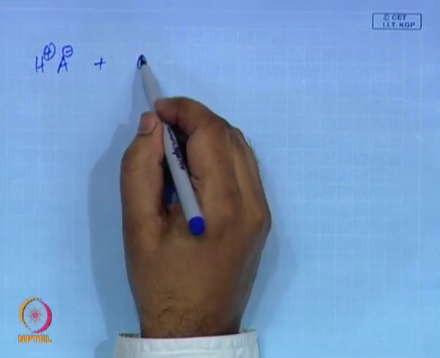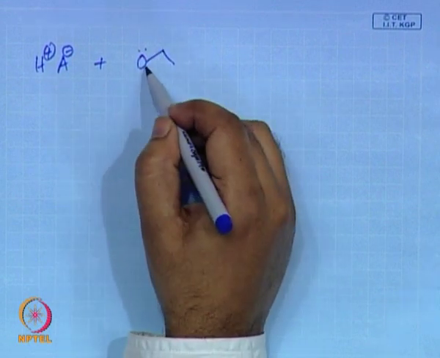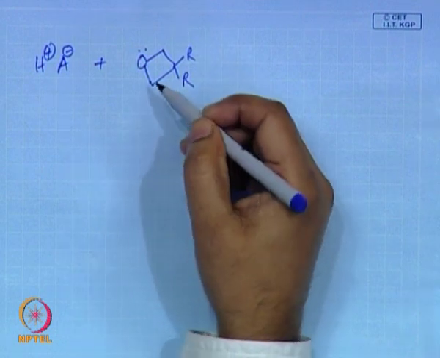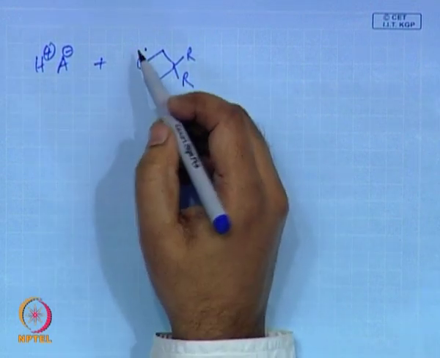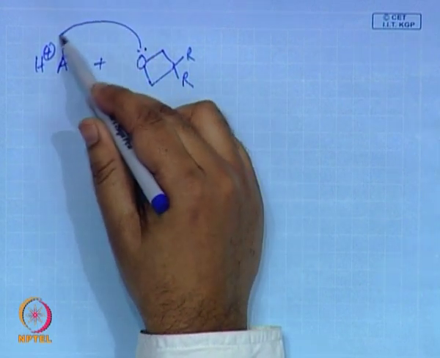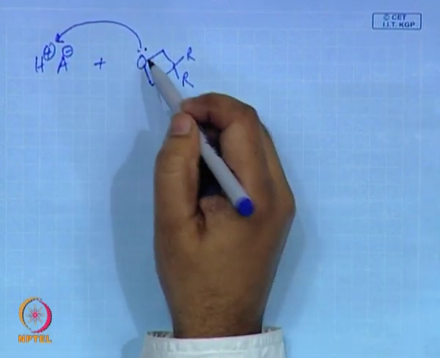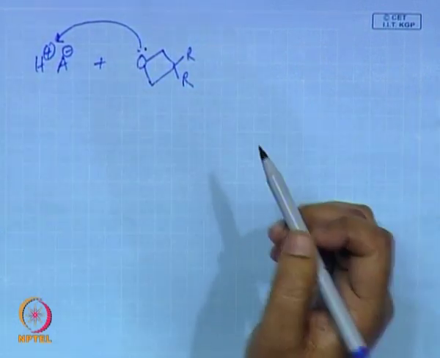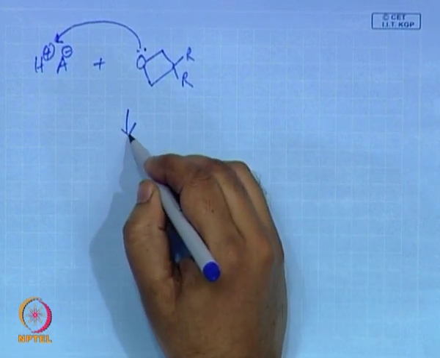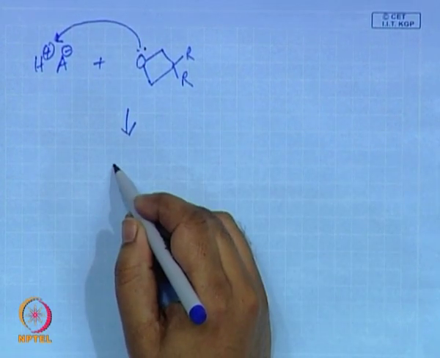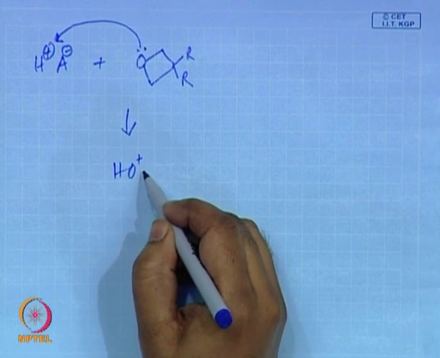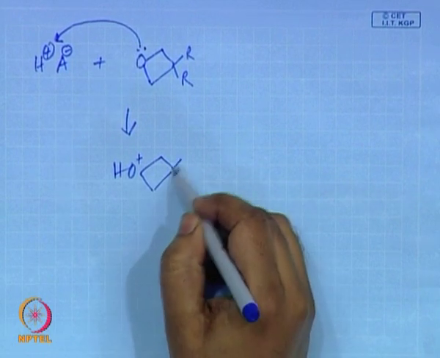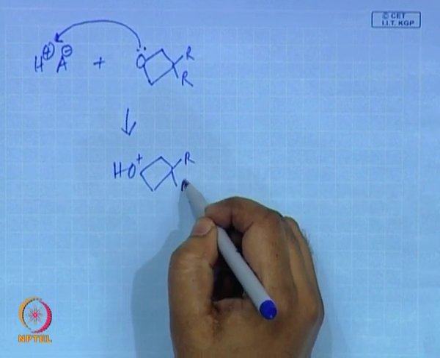Now, let us talk about a 4-membered ether. In this case there is a nucleophilic attack of the oxygen on the proton, and you actually form a secondary oxonium ion.